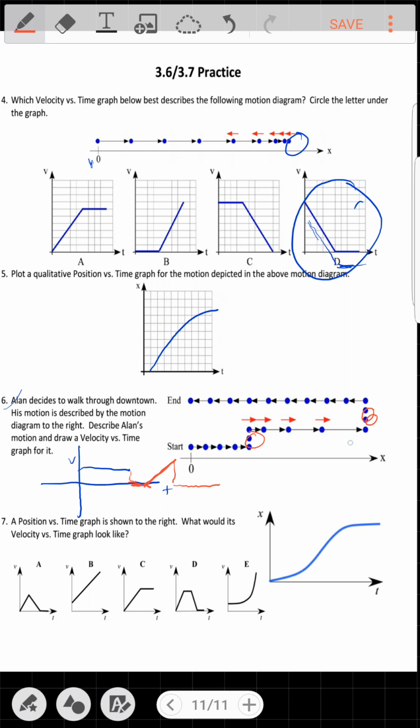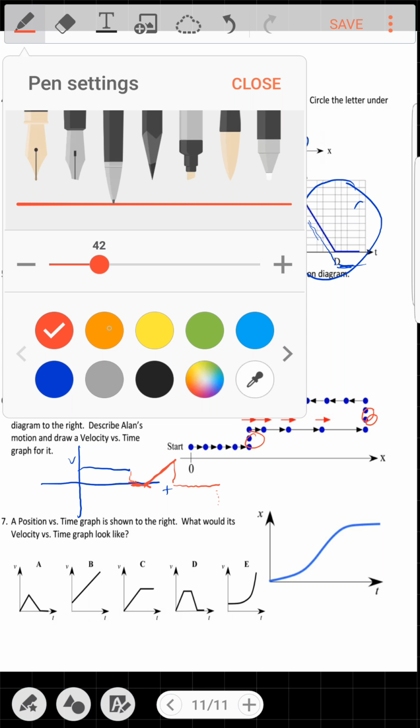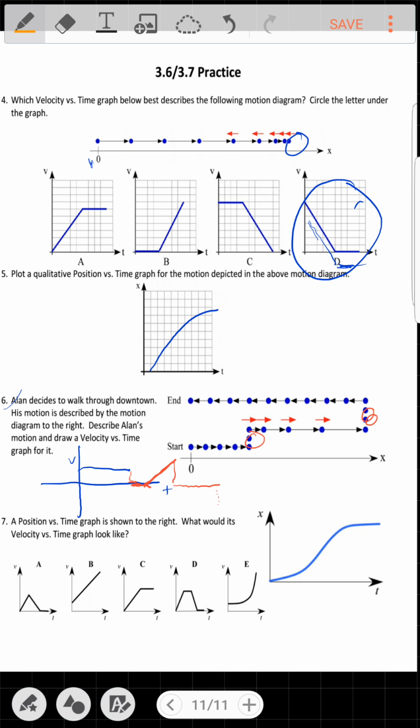No velocity, and then it goes in a negative direction. In a negative direction, it goes at a constant velocity. So now, in a negative direction, a constant velocity again. There's not going to be a diagonal line here because it's not going a different speed here. It's going the same speed. So here I go, negative direction.